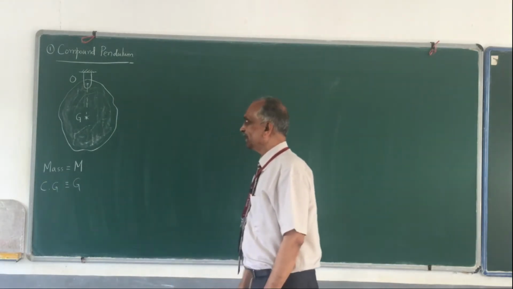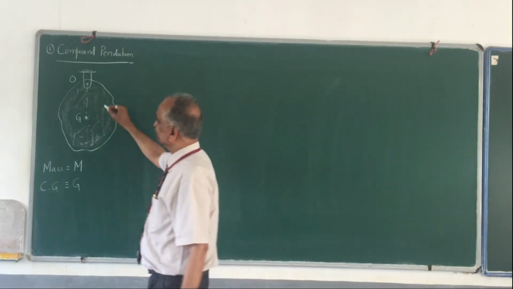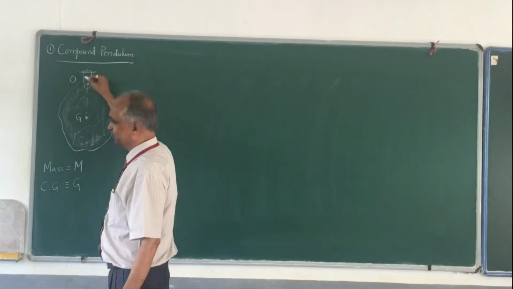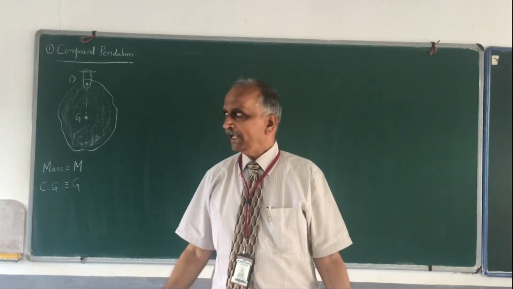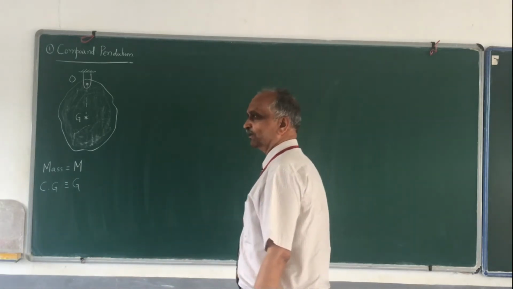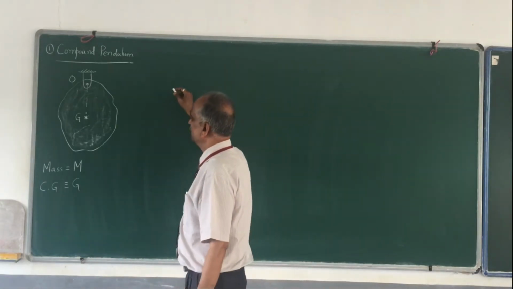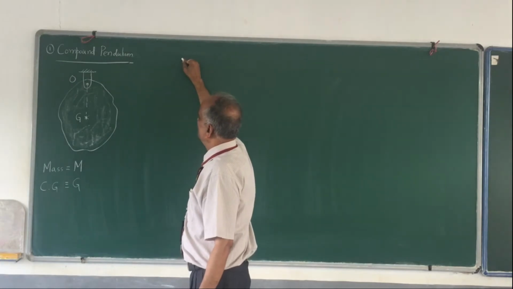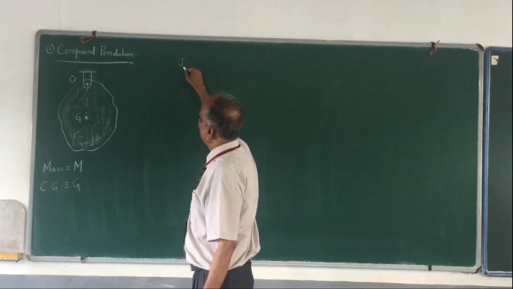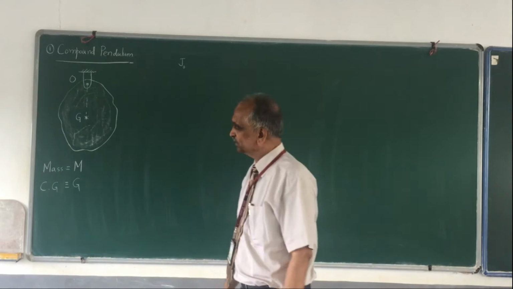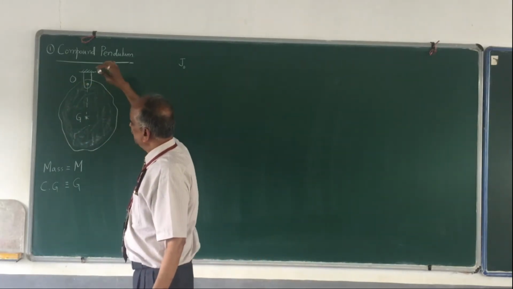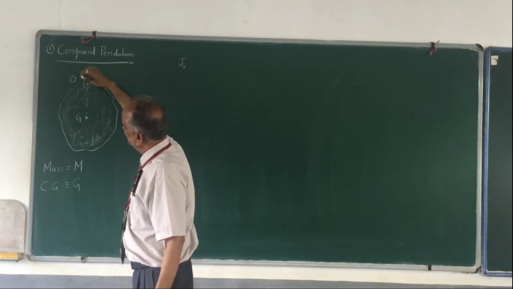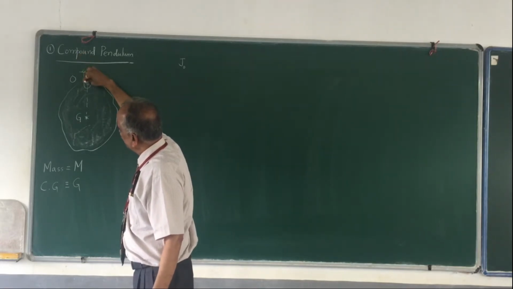Before I really proceed with the free vibrations, I would like to say something about moment of inertia. Moment of inertia of a body, J. So this is what I am interested to know. JO, in this case, is the moment of inertia of this body about an axis passing through O, perpendicular to the plane of the board.